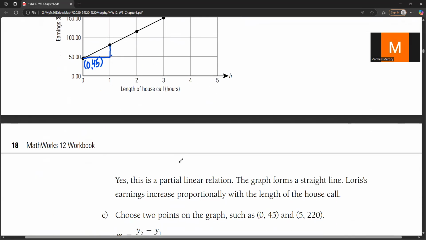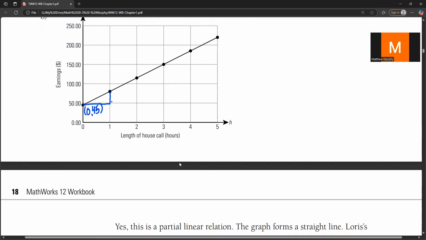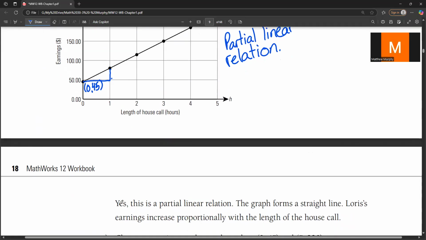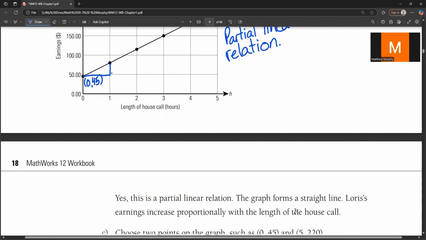Okay, so yes, this is a partial linear relation because it does not start at 0 and 0. And the graph forms a straight line. Loris's earnings increase proportionally with the length of the house call.